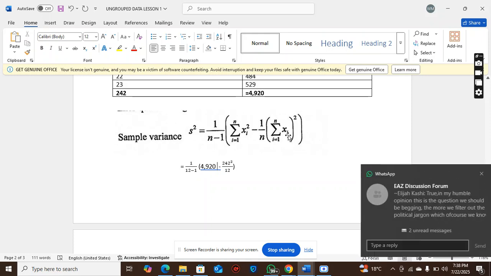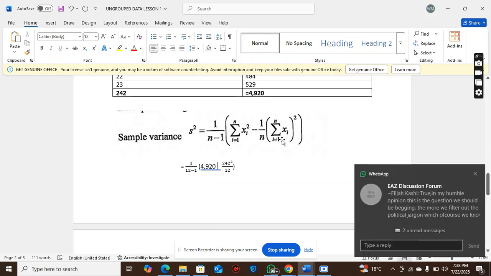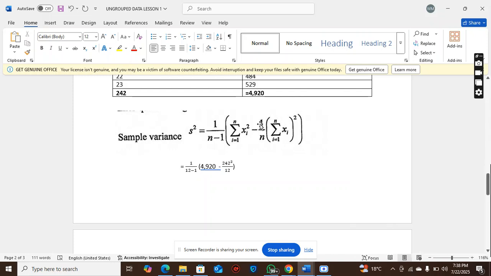You can write it like that; it won't change anything. If you want, you can put this over this one here. Thank you for asking that question, because maybe others worried how come it's coming on top. So, colleagues, you can write it either as 1 over 12 times 242 squared, or you can put the summation of x squared over n. You will not be penalized.